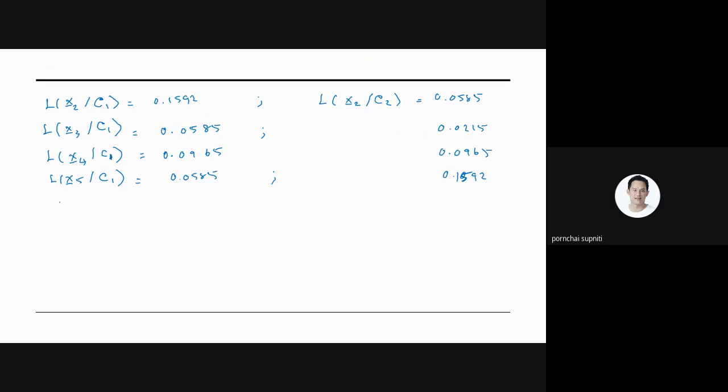So starting from x5, the value on the left-hand side seems to be smaller than the right-hand side. And if you go to x6, the number on the left-hand side is still smaller than on the right-hand side, and so on. Okay, so this is how we do it.